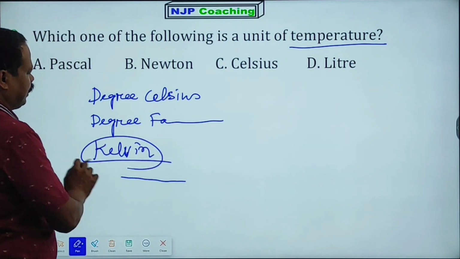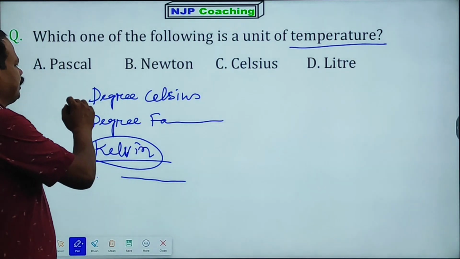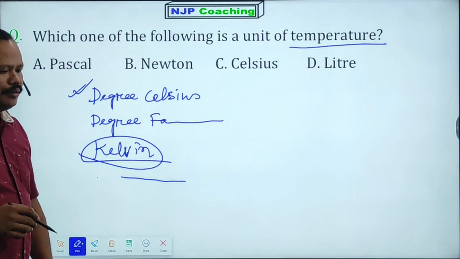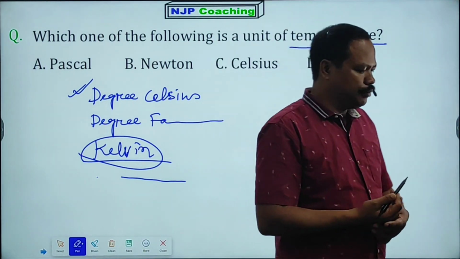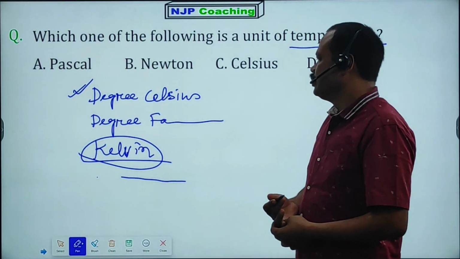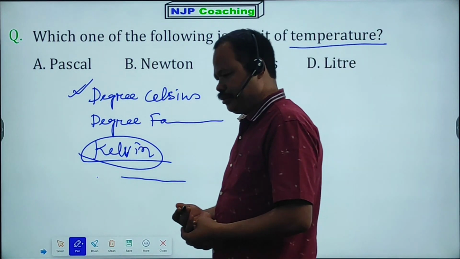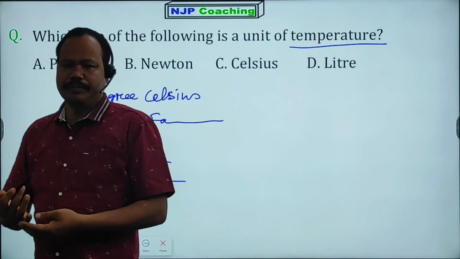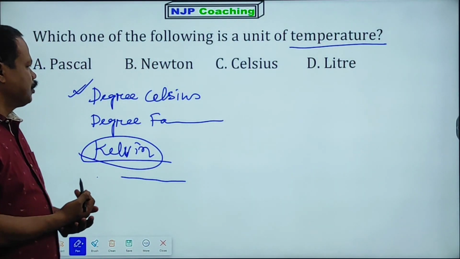So this is the SI unit of temperature, Kelvin. Degree Celsius we usually use in the laboratory to measure temperature of a substance, and any other temperatures also. And Fahrenheit is used mainly for medical purposes. And Kelvin is the SI unit of temperature.